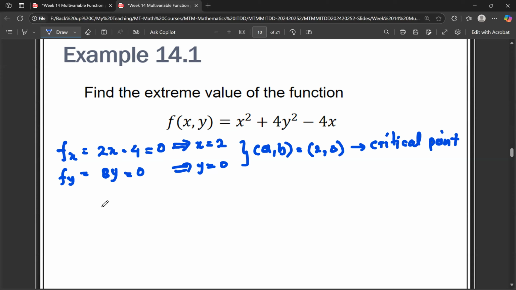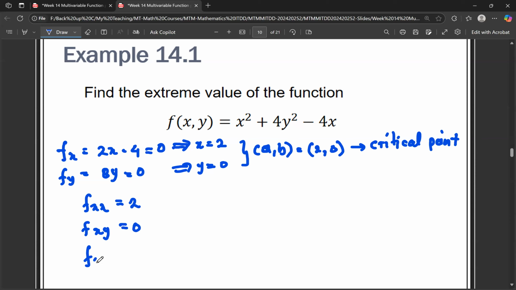Okay, after we have the critical point, we do the test. The function is derived with respect to x, and we have fxx equals 2, and fxy equals 0.